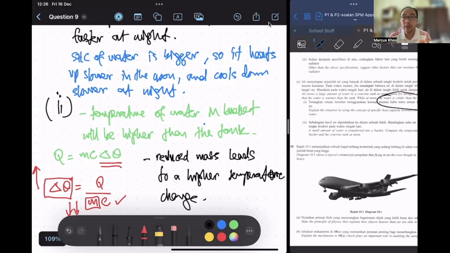Number one is you make the comparison, and number two, although they didn't ask you to explain, you should anyway because it's 2 marks. You talk about less mass meaning higher temperature change compared to when the water was in the tank. There's a lot of water in the tank, so the tank doesn't change, but now you're changing the amount of water. The water in the bucket is much less mass, so there will be a much higher temperature change.